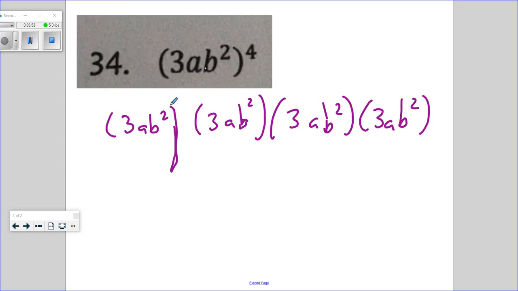To the fourth power means this thing is multiplying itself: 3ab squared times 3ab squared times 3ab squared times 3ab squared, 4 times.